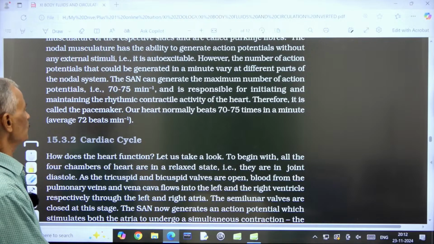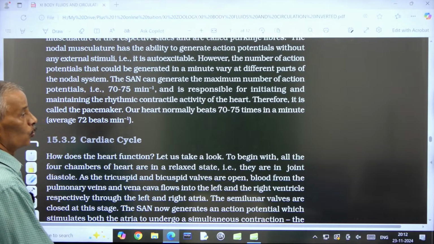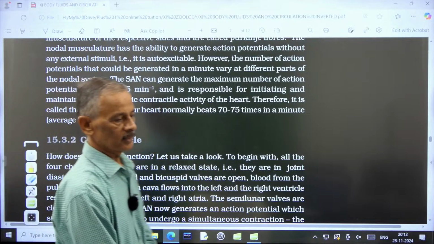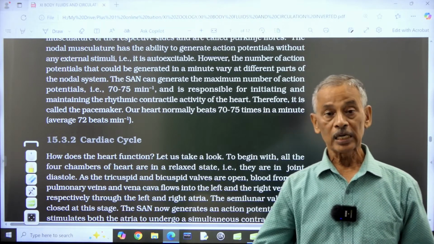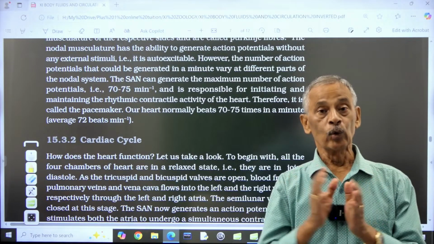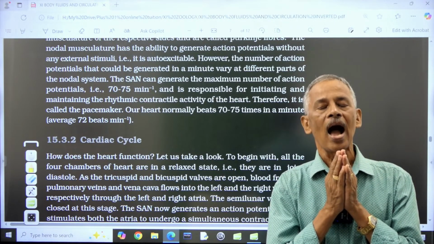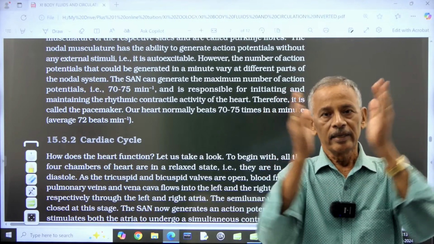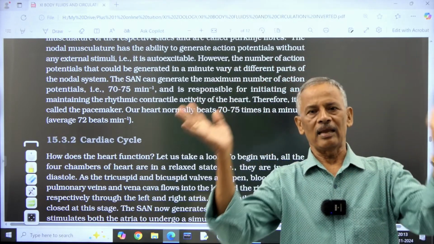Now, the structure is clear to you. Then, how is the heart pumping? What is the action of the heart? Remember, during pumping, the heart is alternatingly contracting, dilating, contracting, dilating.